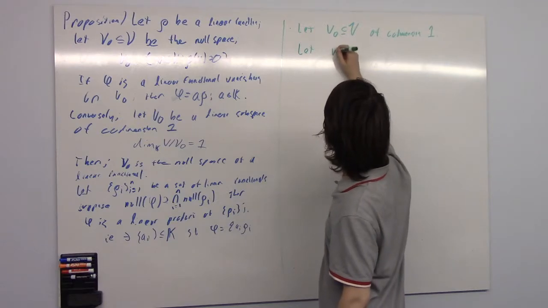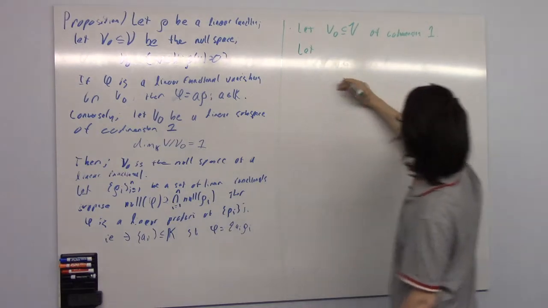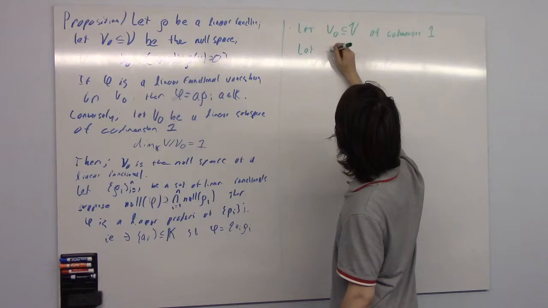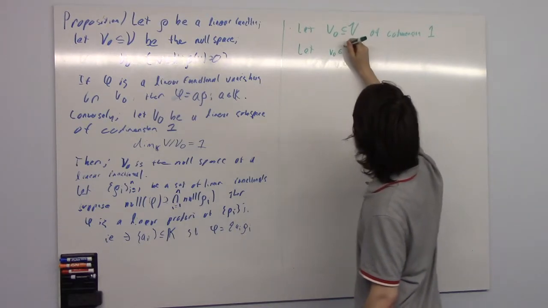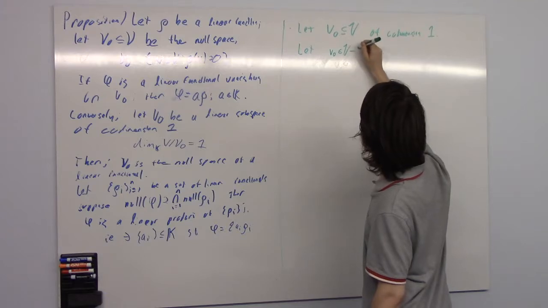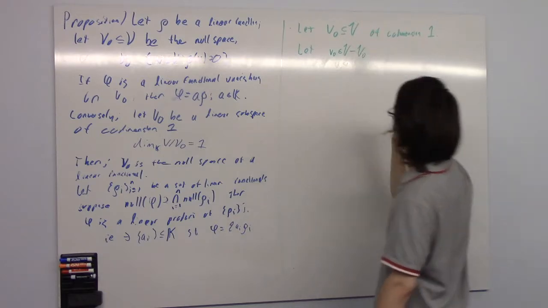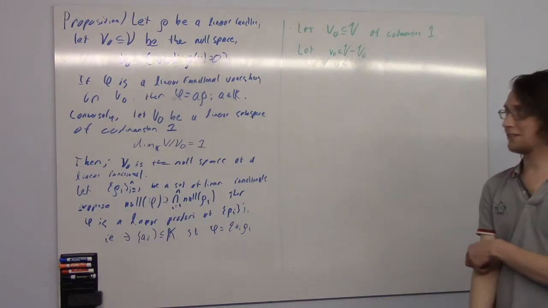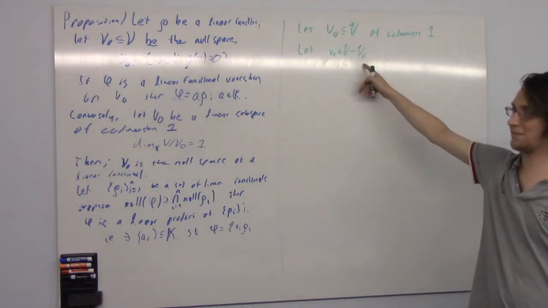Let little v naught be an element of V minus big V naught. So you're taking some element not in this.